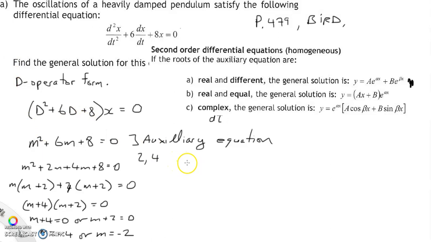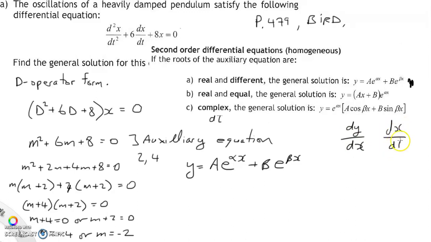So the solution is y equals A e to the alpha x plus B e to the beta x. Now, the x is the variable, but in our case we don't have dy/dx, we have dx/dt.